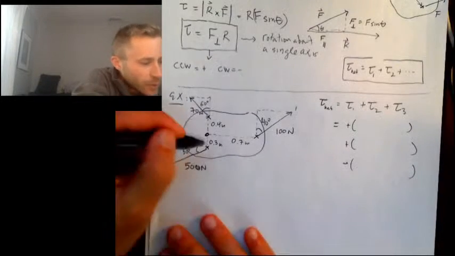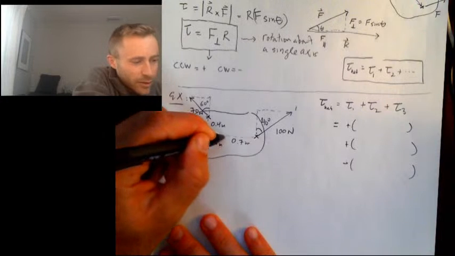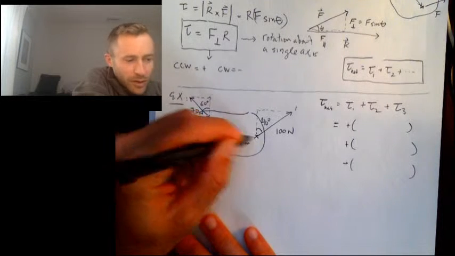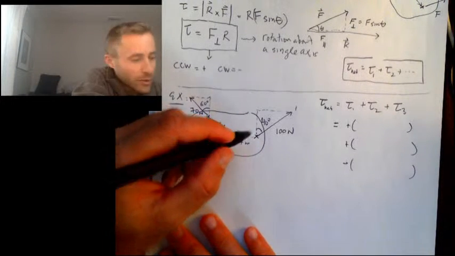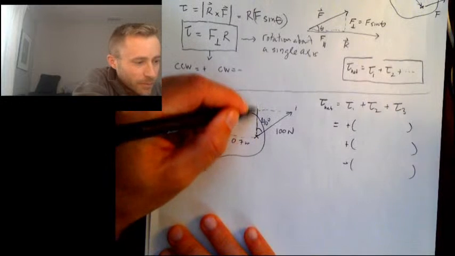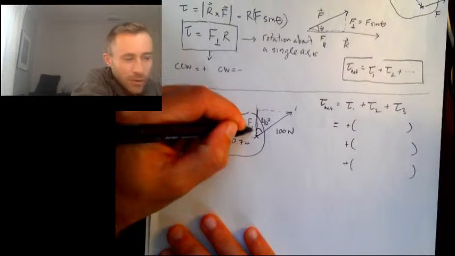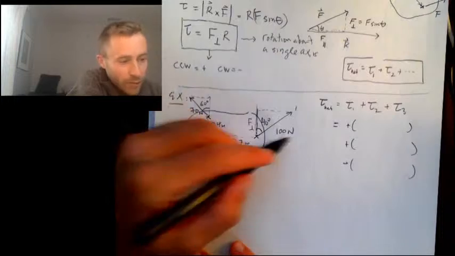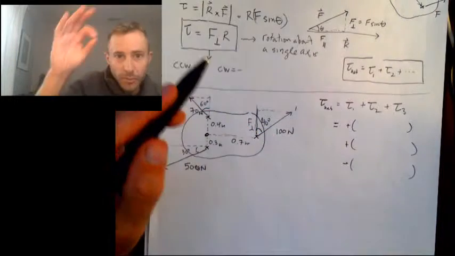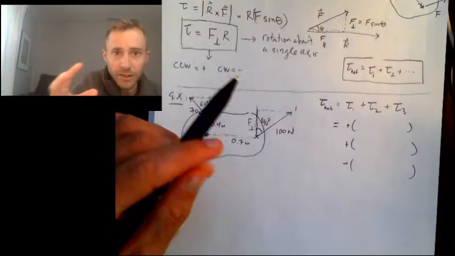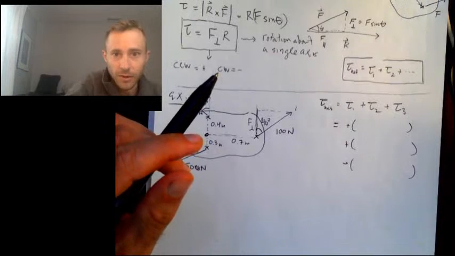This line is horizontal, so the perpendicular component is vertical. So this is going to be F perp for that force. Forces that are applied at different locations have a different definition of what F perp is.